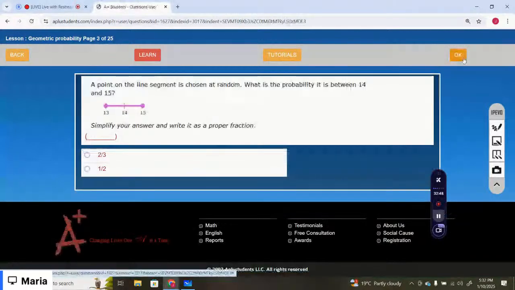A point on the line segment is chosen at random. What is the probability that it is between 14 and 15? So, which is the correct option?